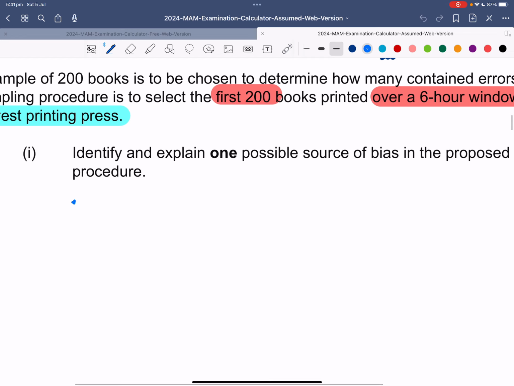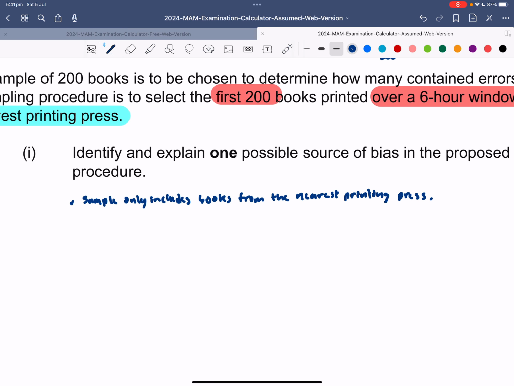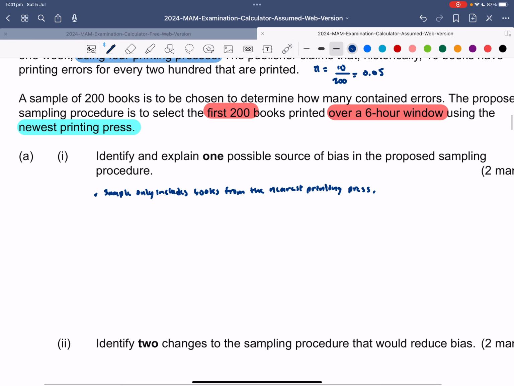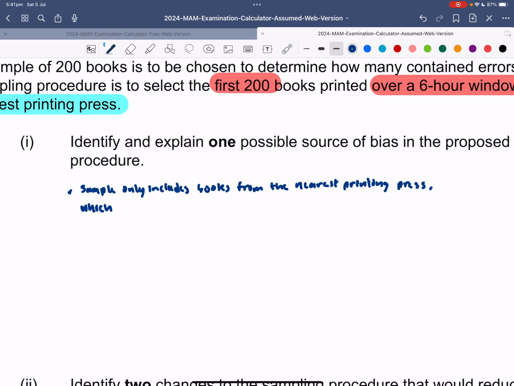So one source of bias could have included the fact that the sample only includes books from the nearest printing press, which may perform differently to the other 3 presses. So that's the first issue.